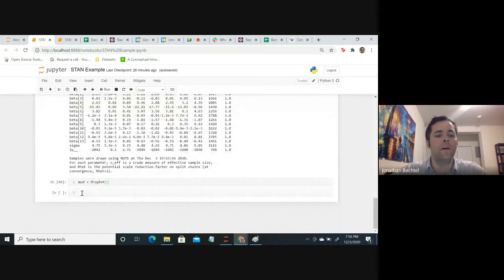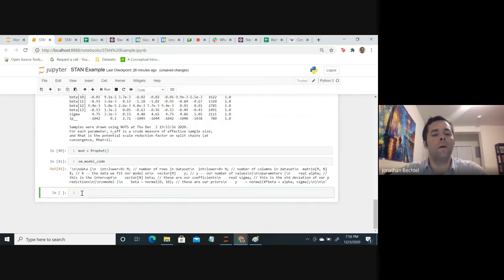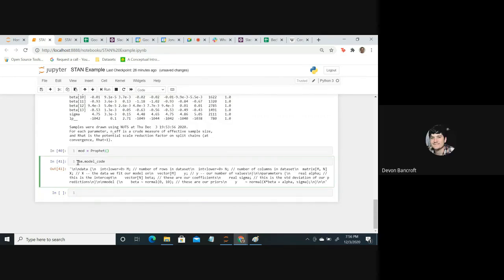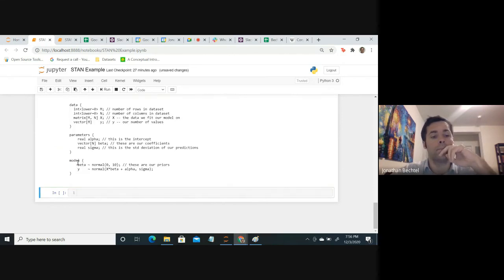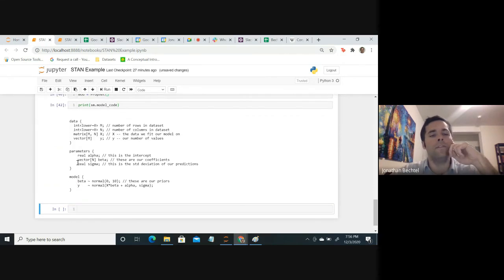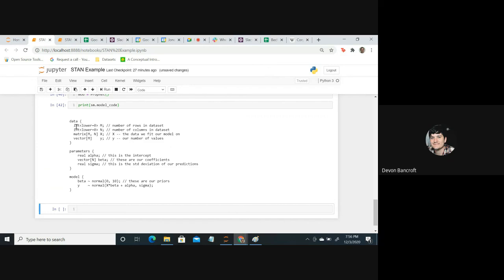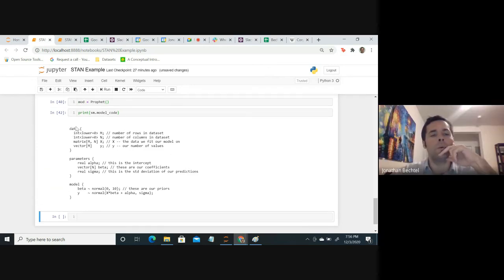There is an attribute called model code, and if you print this, you'll see this is basically what we set up before. That's basically what's stored inside.